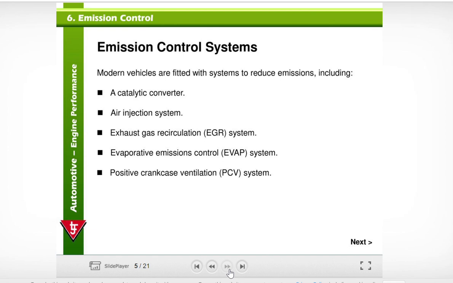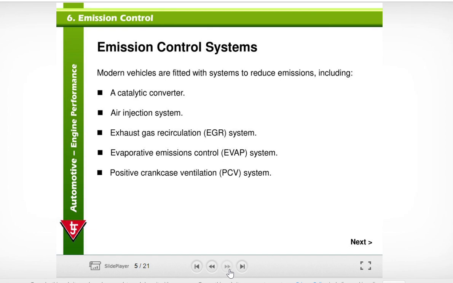So we have several methods that are used to control emissions, and these include: one, the catalytic converter; two, air injection systems; three, the exhaust gas recirculation system, or EGR. We also have evaporative emission control, or the EVAP system, and positive crankcase ventilation.